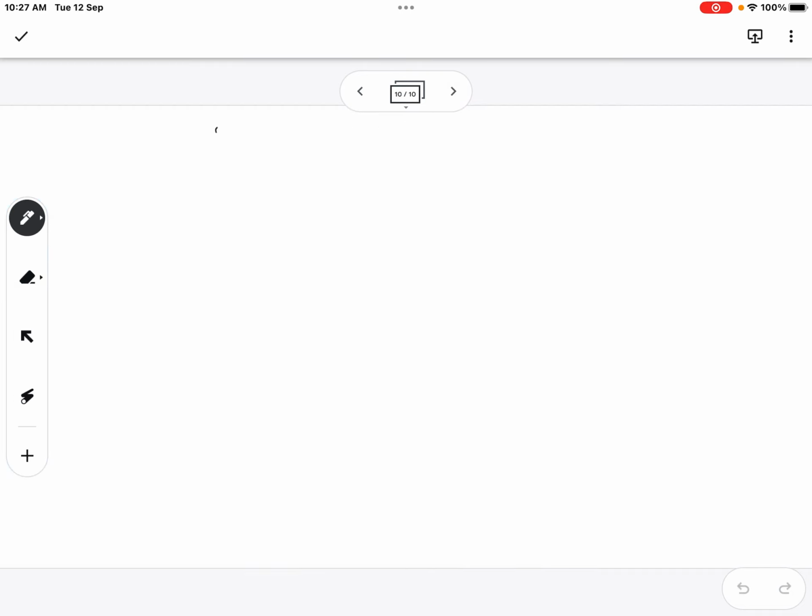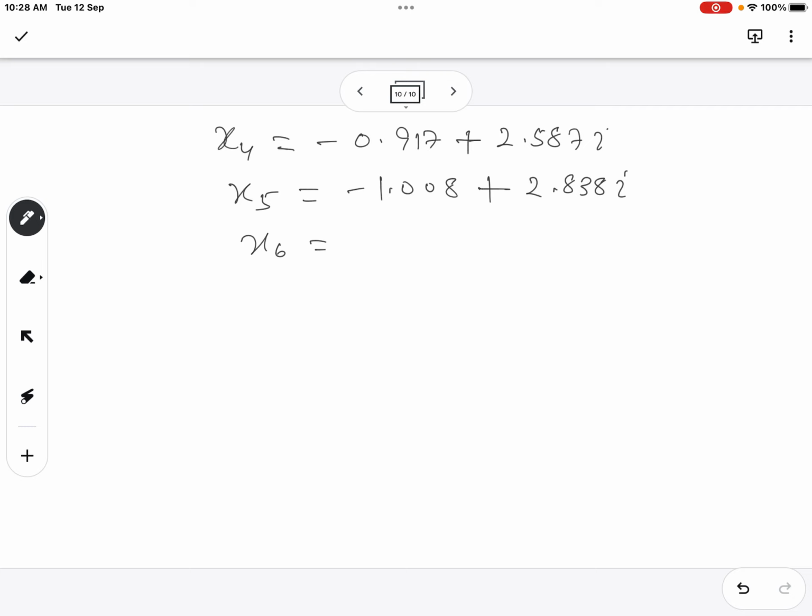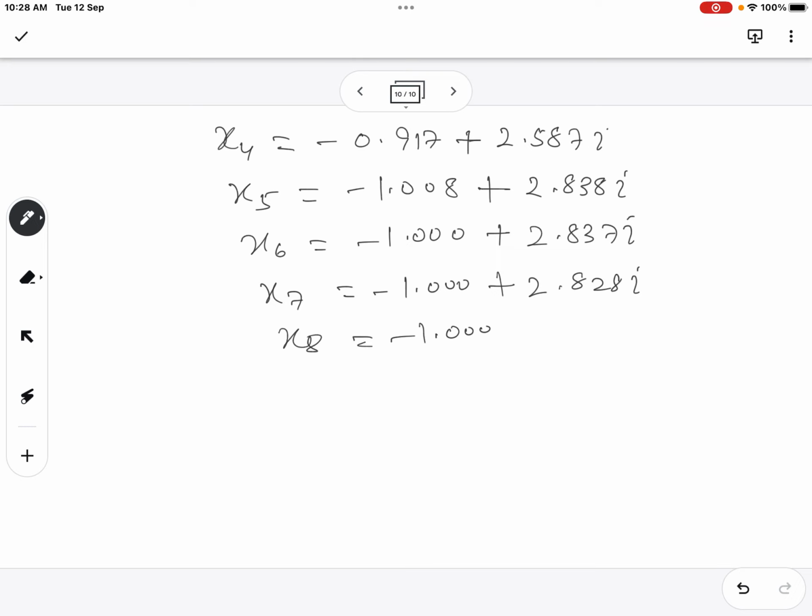x4 will be minus 0.917 plus 2.587i. x5 will be minus 1.008 plus 2.838i. x6 will be minus 1 plus 2.837i. x7 is equal to minus 1 plus 2.828i, and x8 will be equal to minus 1 plus 2.828i.